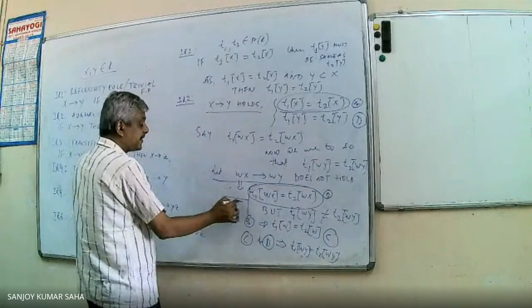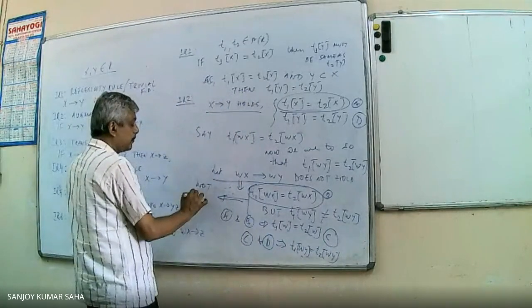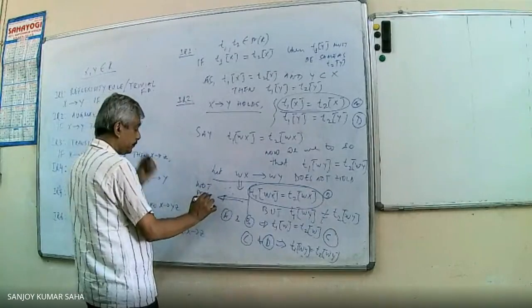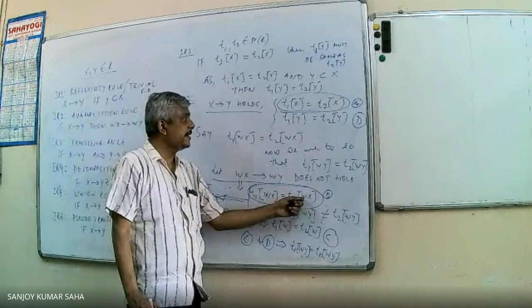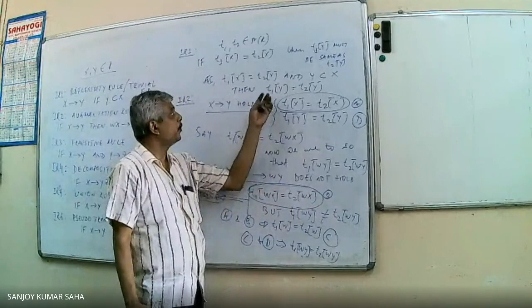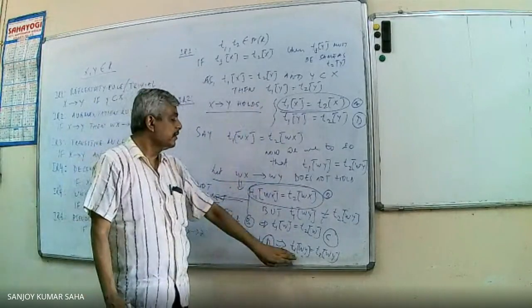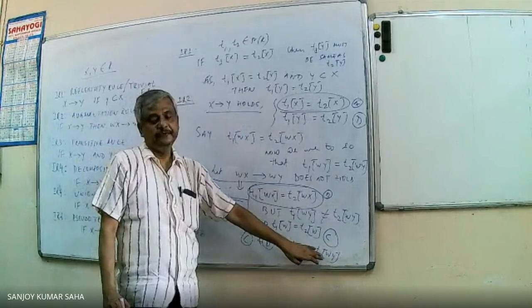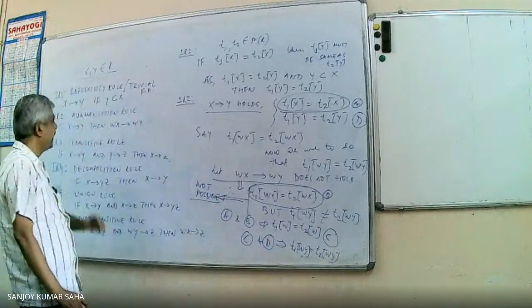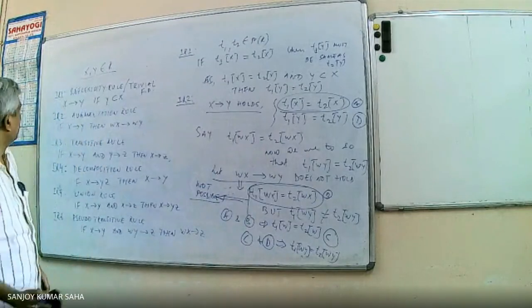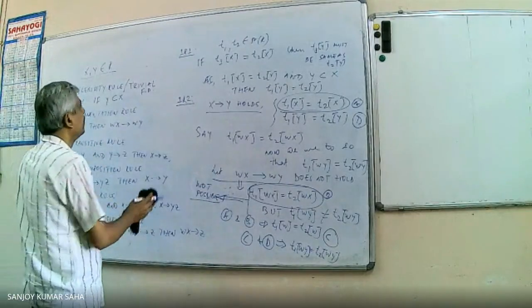So it is not possible. If we have two tuples for which these things are the same and X implies Y holds, then these will also be valid. So that is the proof for IR2, the augmentation rule.